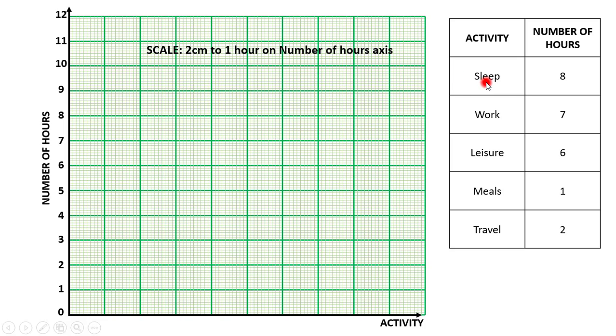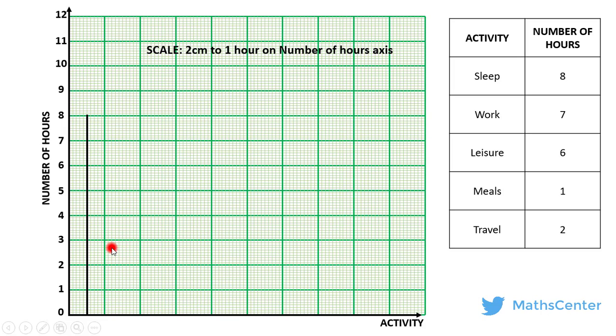The first one is sleep, and the frequency or the number of hours is 8. Remember, I said that I'm going to leave 5 minor divisions or 5 small boxes between the bars. So before I draw the first one, I'll count 5 minor divisions or 5 small boxes. Then I draw a vertical line from 0 up to 8 because the number of hours or the frequency is 8.